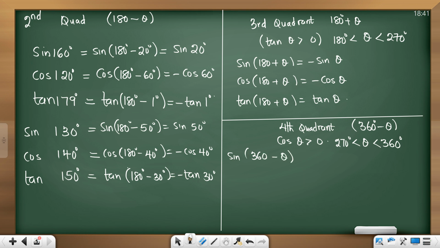I'll be teaching you something very shortly, but I need us to quickly understand what's going on first. We're in the fourth quadrant. Only cos is positive, sine is negative, and I'm done.